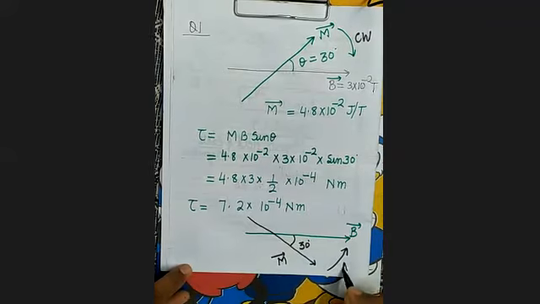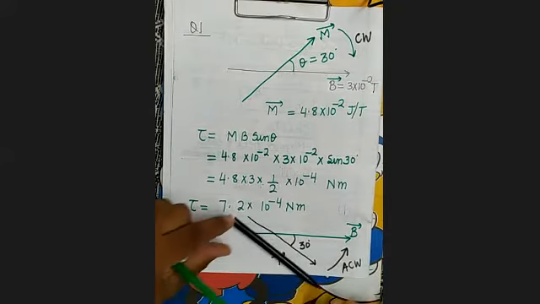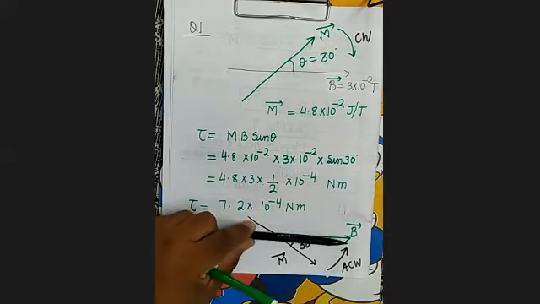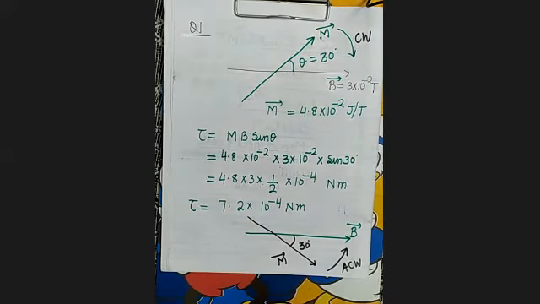Here it is acting anti-clockwise. But we will not write the direction as clockwise or anti-clockwise. We will say that the tendency of torque is to bring the dipole in the direction of the magnetic field.